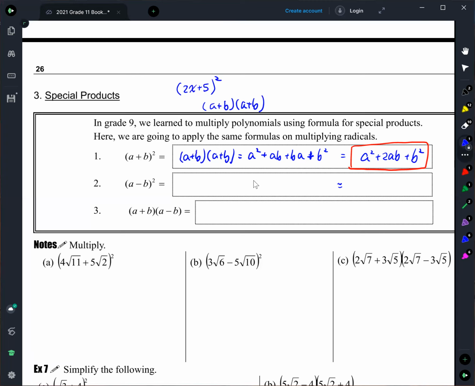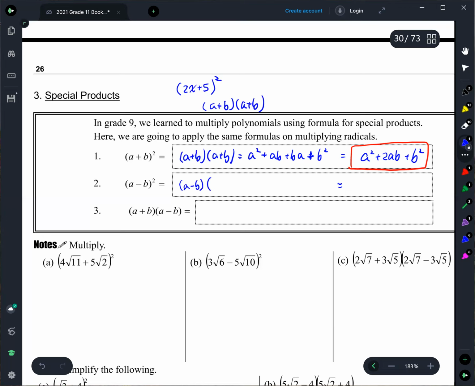Yeah, for the second one, do you know the formula? No, I don't remember. Then let's expand it. How do you expand (a minus b) squared? I think it's (a minus b) times (a minus b). That's right. Okay, just like the first one.